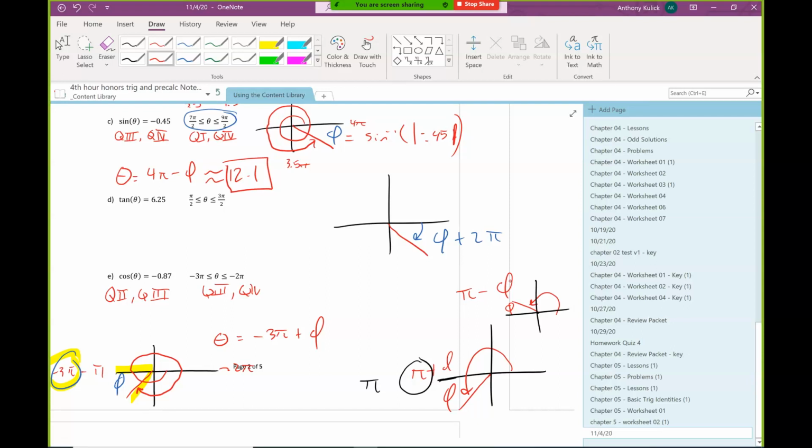So it's like I got an answer, maybe I did it right, maybe I didn't. I don't have anything to justify why I'm adding or subtracting this time. But if I have the picture to look at, it's like, oh, that angle's more than what I want, so I need to take some away or put some more on. So it's hopefully easier to see that. Yeah, that makes sense.